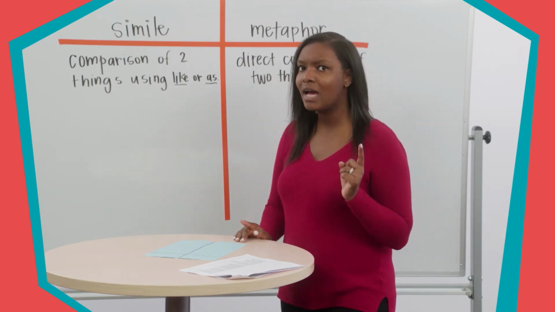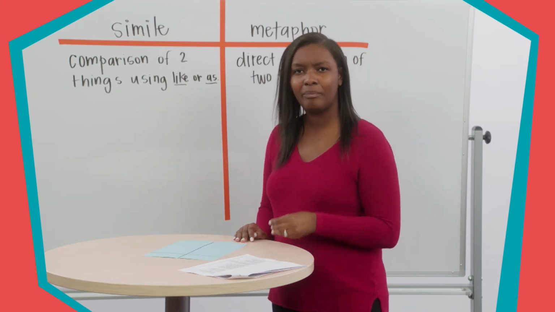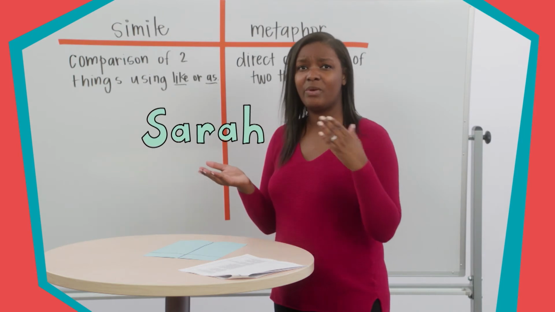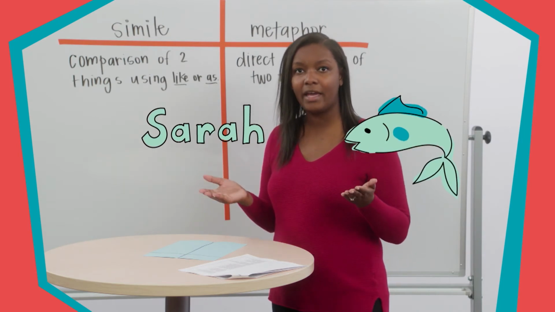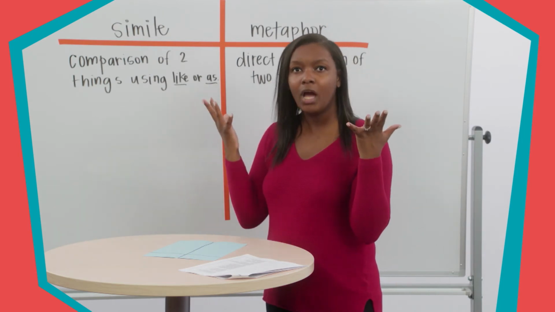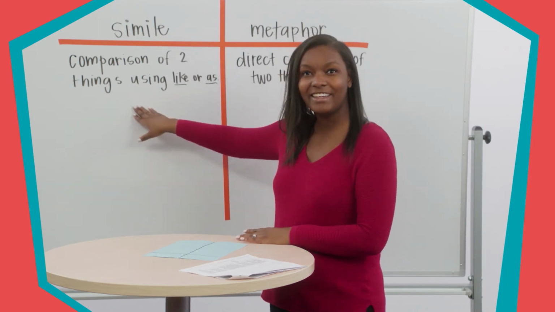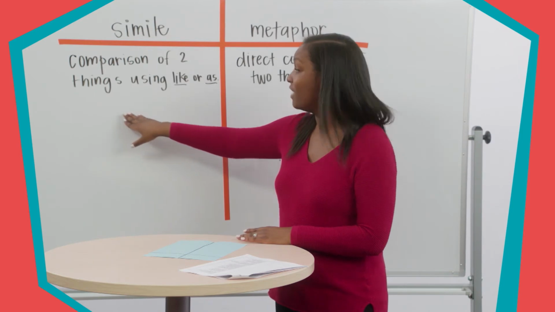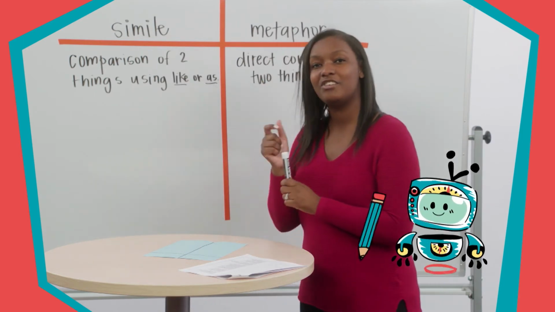All right, so first, I need to understand how things are being compared in this sentence. It's saying Sarah is being compared to a fish using the word like. So, beautiful, I know, it's a simile, right? I'm going to add Sarah swims like a fish to the T-chart in the simile column. So let's do that. Do that with me, friends.